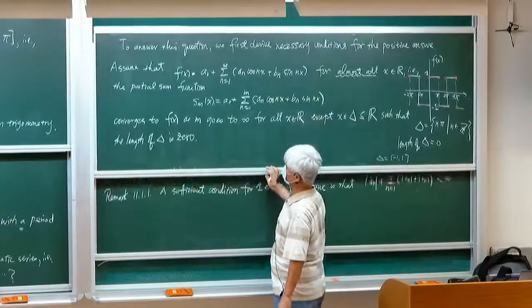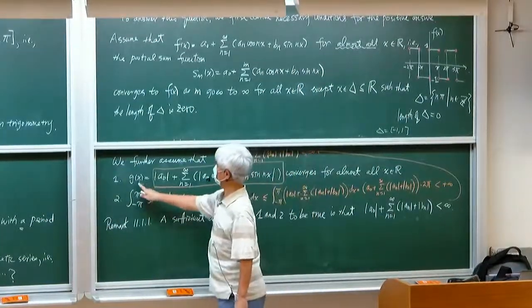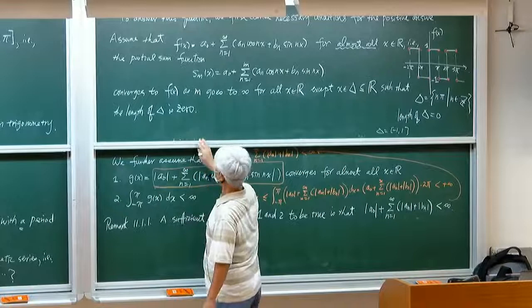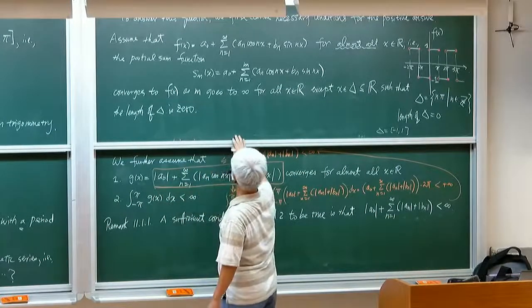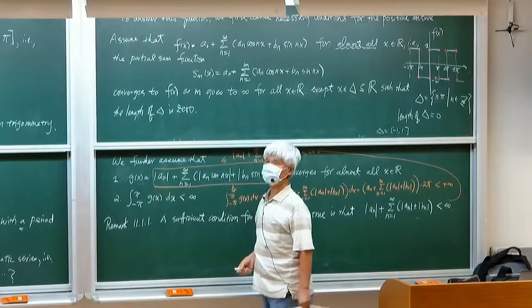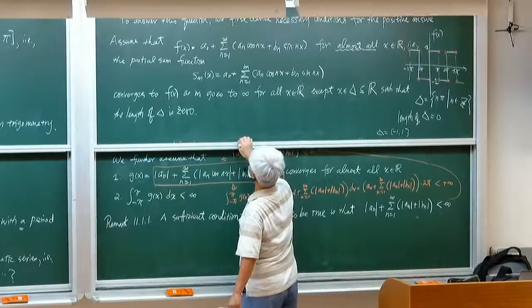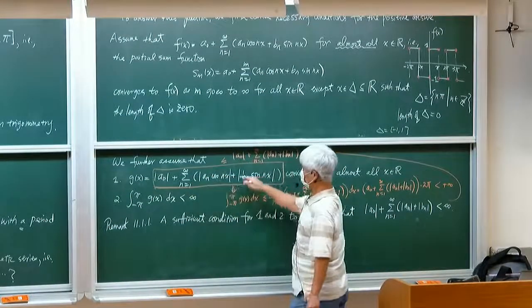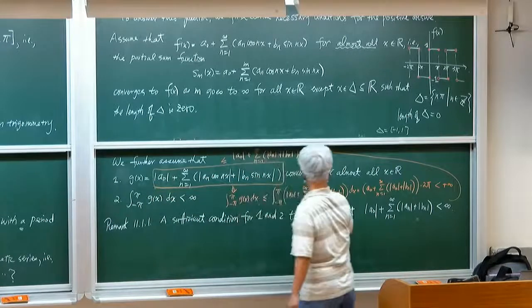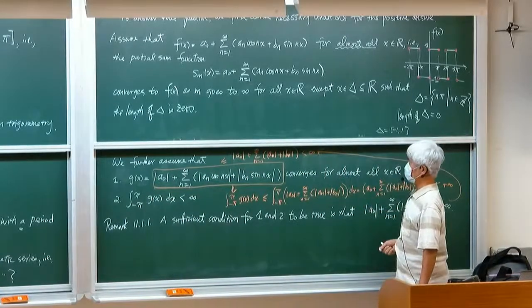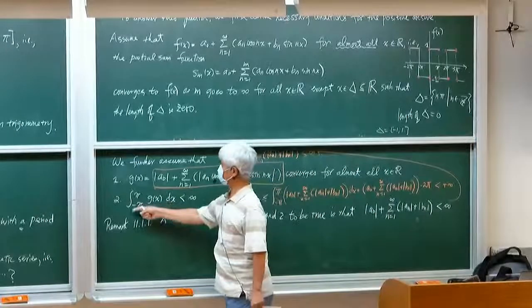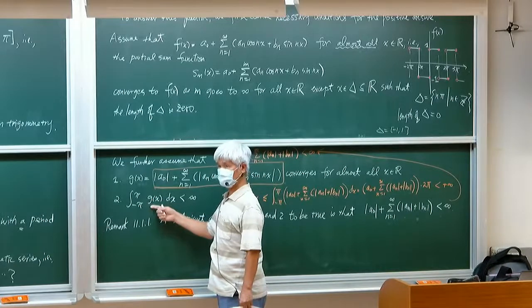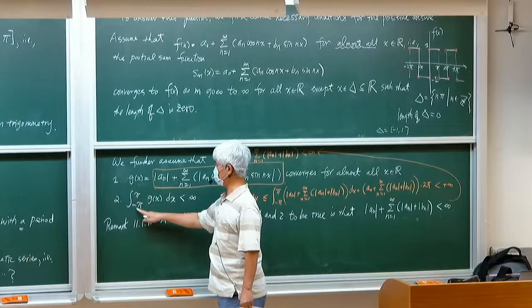And we assume that g of x, because g of x is very close to f of x, except that the term we used is the absolute value of each term in here. So that this function also converges. And we know that g of x itself has finite definite integral over the interval from minus pi to pi.